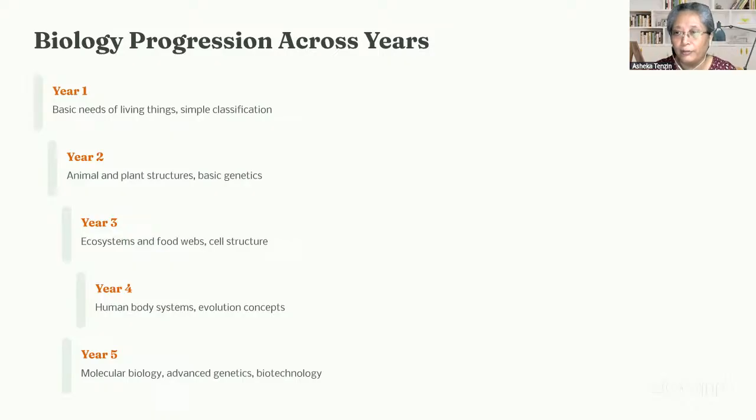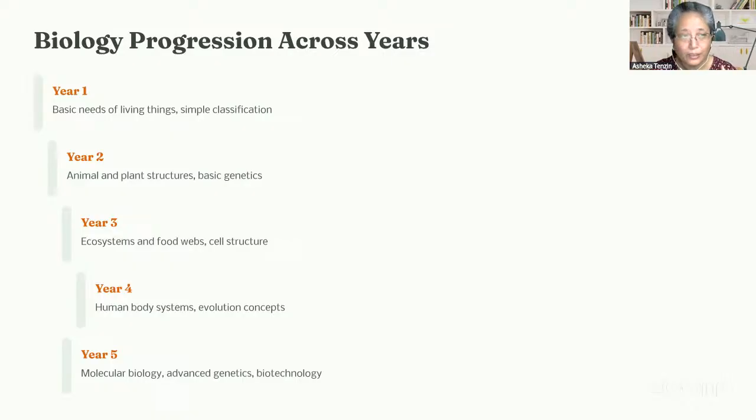After MYP they will go to DP, and in DP Group 6 you have physics, chemistry, biology. You also have ESS, Environmental Systems and Societies, and SEHS, Sports, Exercise and Health Science. So what is the way forward? How are we progressing in terms of teaching and learning of the subject matter?